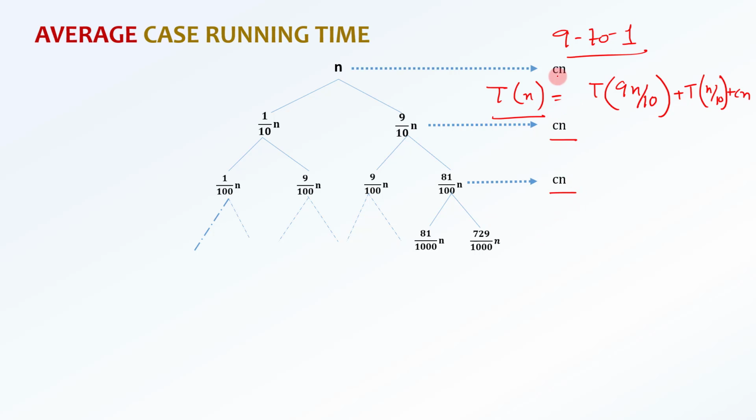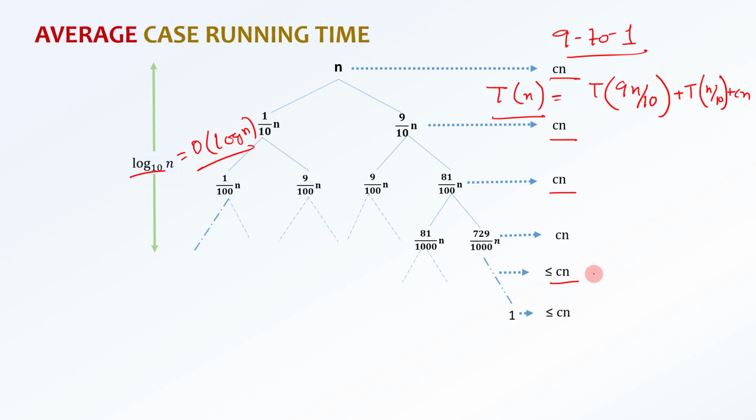Here in the recursion tree, we can notice that each level of the tree has cost cn for partitioning the n number of elements, and this will continue until the boundary condition is reached at a depth log n base 10, which is asymptotically the same as log n, and then the levels have cost at most cn.